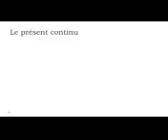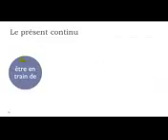Le présent continu. So le présent continu, it's an interesting structure because it's the kind of structure that you can use if you want to insist on the fact that an action or something, a process is continuing at the time when you are speaking or talking. Okay, and the way to construct this is to use first this expression, être en train de. So you can see that here we've got the verb être, to be.